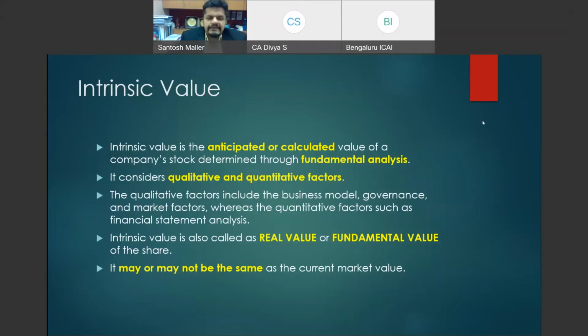So basically, when it comes to intrinsic value, it is the anticipated or the calculated value of a company's stock. Now, the highlighted terms are anticipated or calculated.